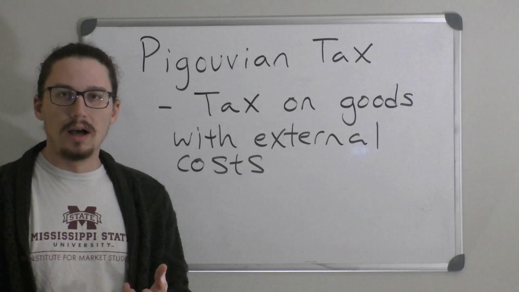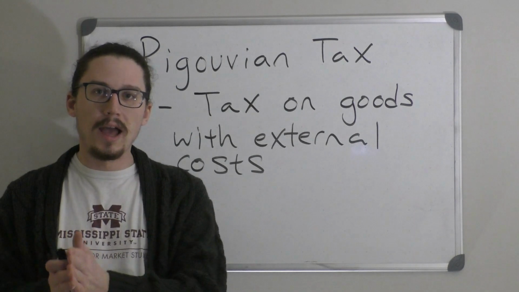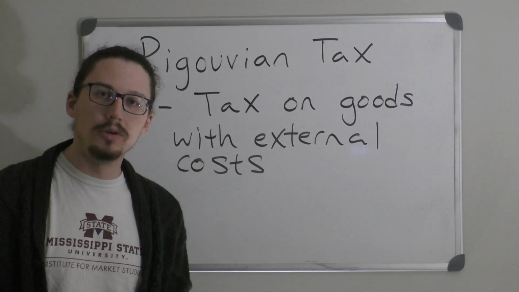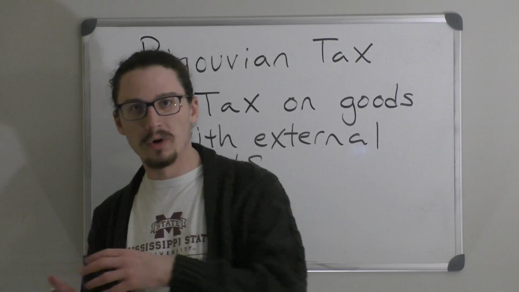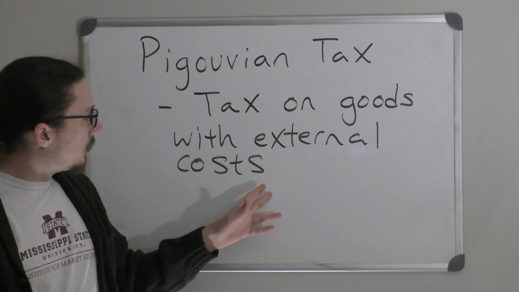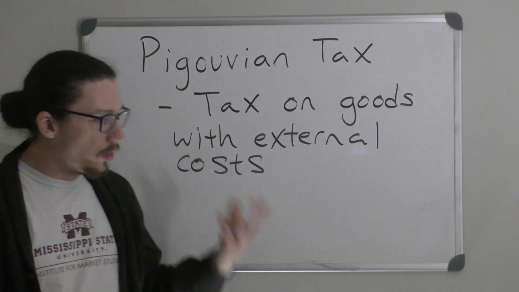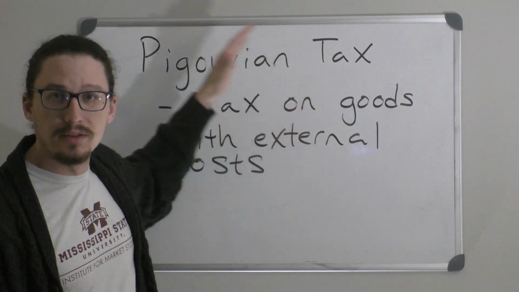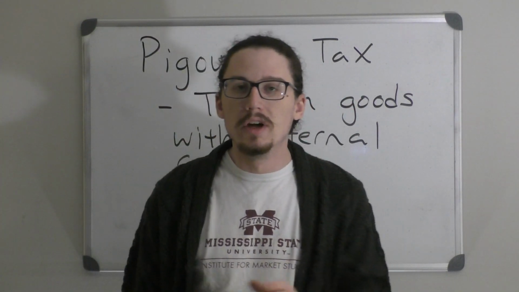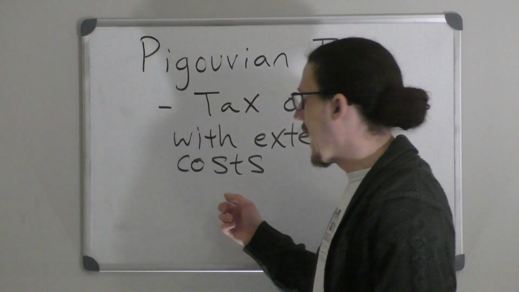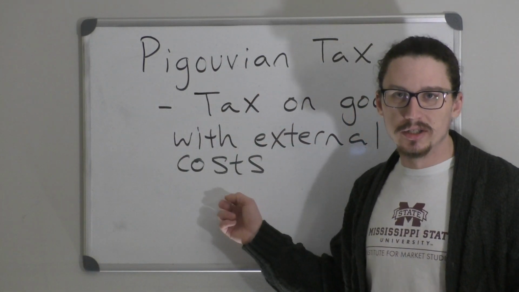All right, the idea here is that we want to decrease consumption, or we want to have a lower quantity of this good being produced and consumed than we do at our market equilibrium. One way to do that, as we saw, was that we added those costs and shifted our supply curve to the left, decreasing supply.